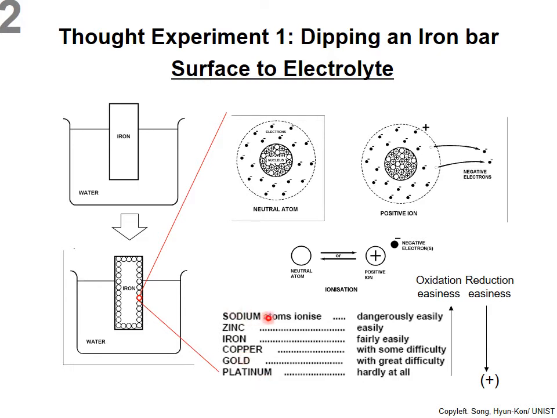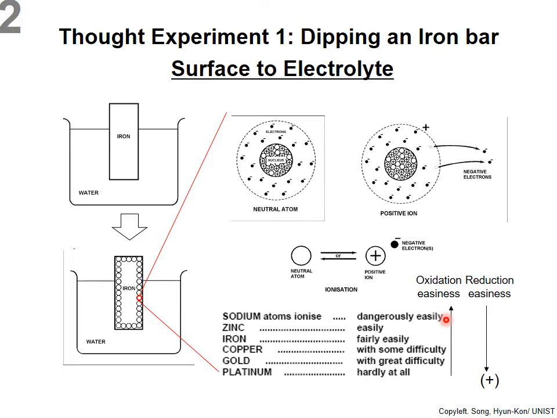Sodium atoms ionize dangerously easily. As you know, sodium belongs to the first column of the periodic table, the alkaline metals. The atoms belonging to alkaline metals have just 1 electron in the outermost shell of the electron cloud.